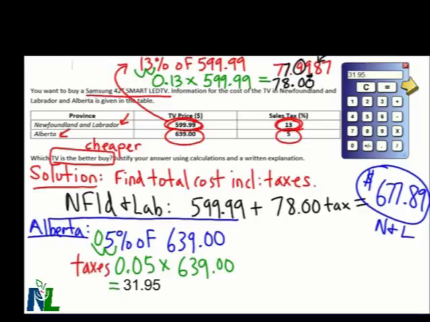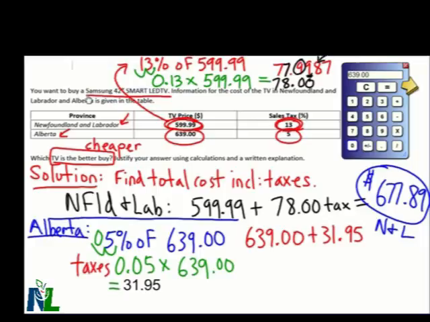Then to find the total price in Alberta, we take the original price, $639. We add the tax. We get our total cost. Jump over to our calculator. $639.